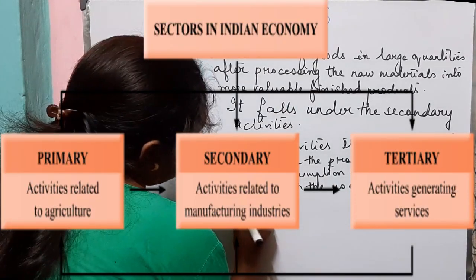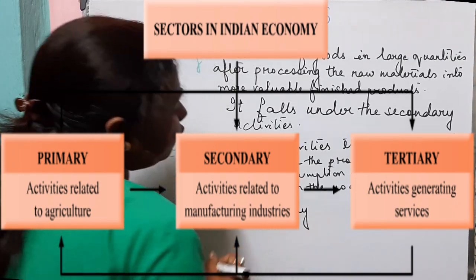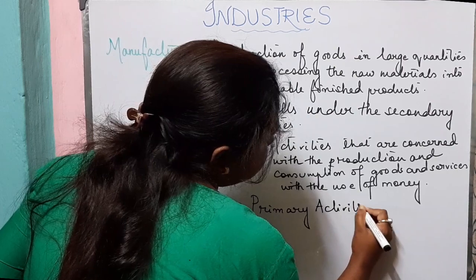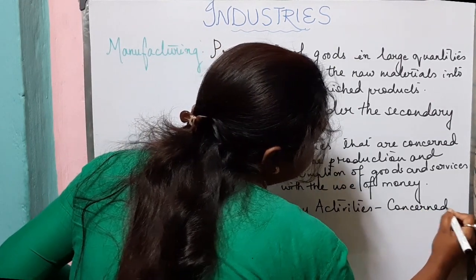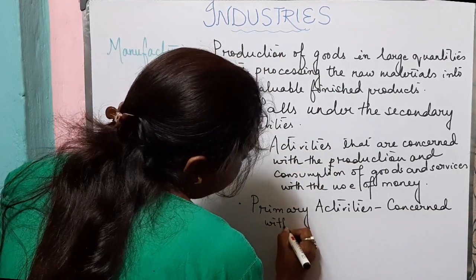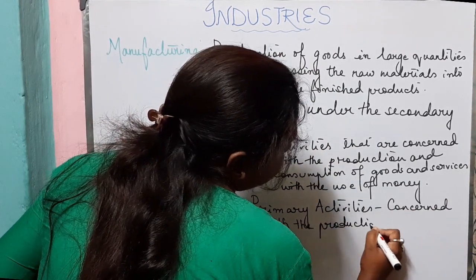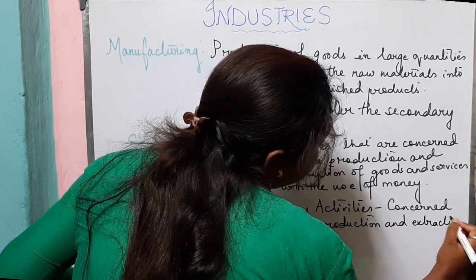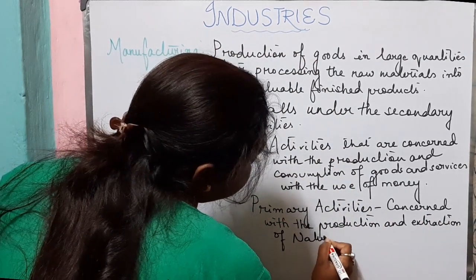We have also discussed the 3 types of economic activities. The first one are the primary activities, which are concerned with the production and extraction of natural resources.